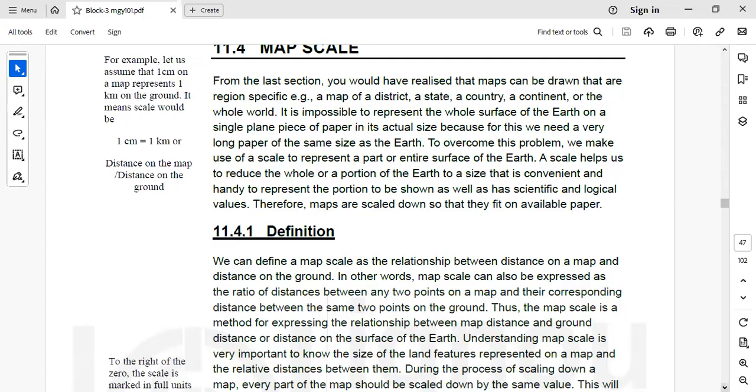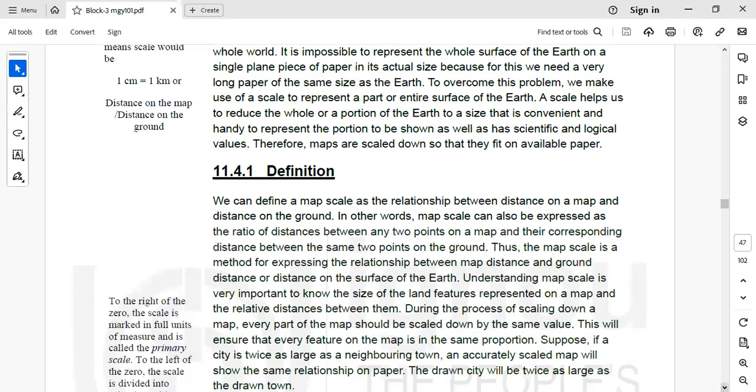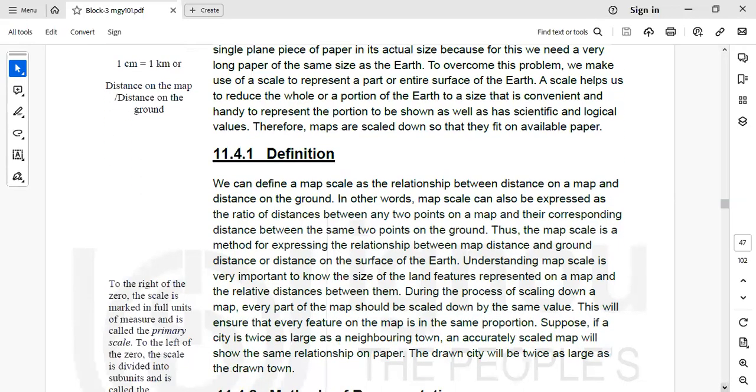So how can we define the scale? A map scale represents the relationship between the distance on a map and the distance on the ground. A map scale can also be expressed as a ratio of the distance between any 2 points on a map and the corresponding distance between the same 2 points on the ground.